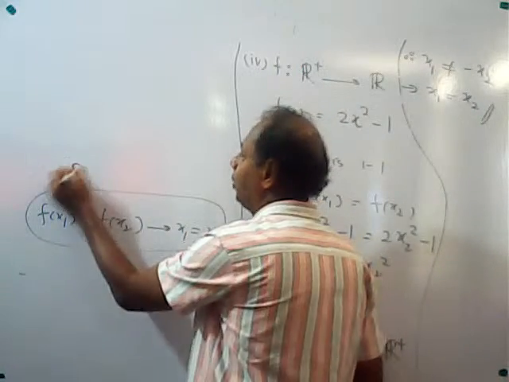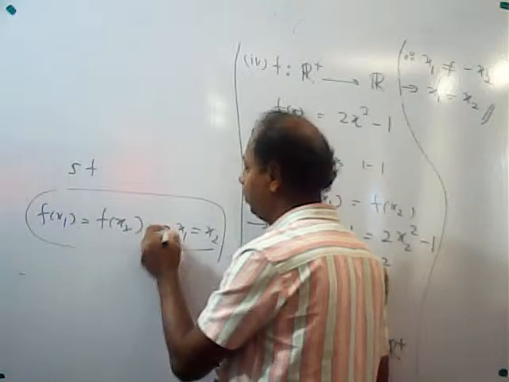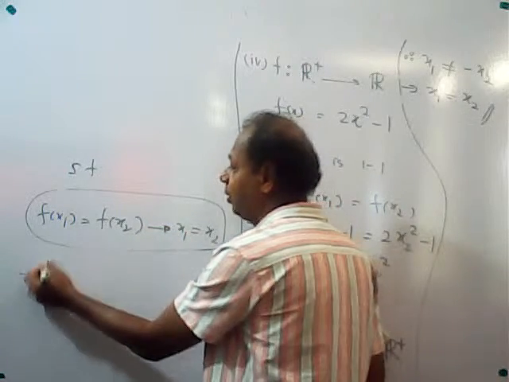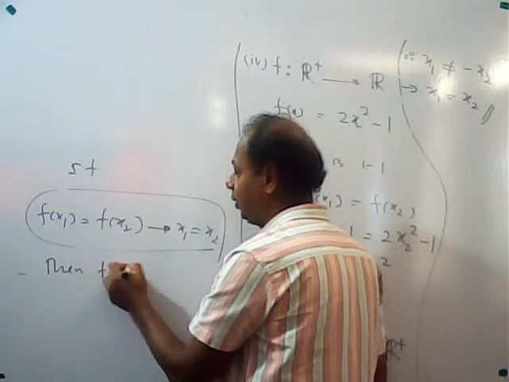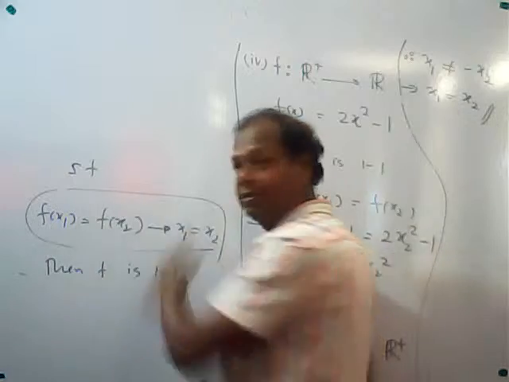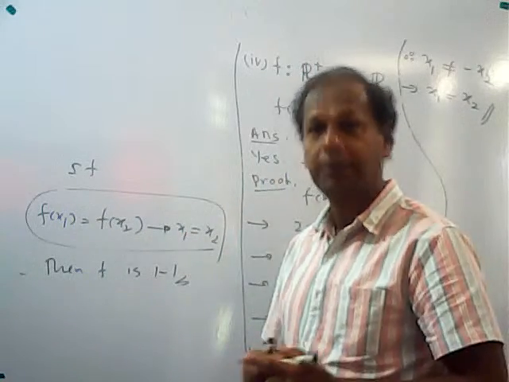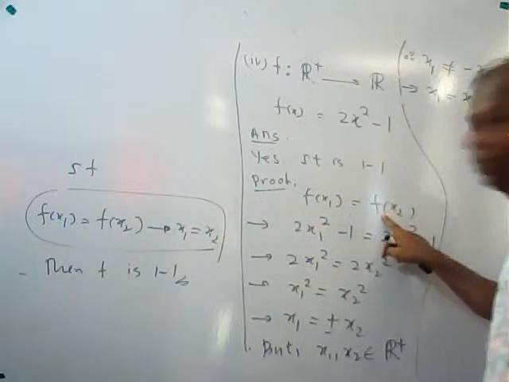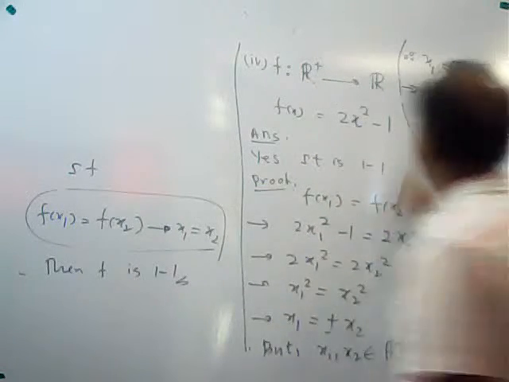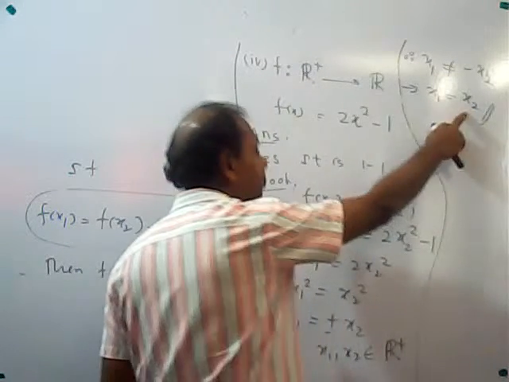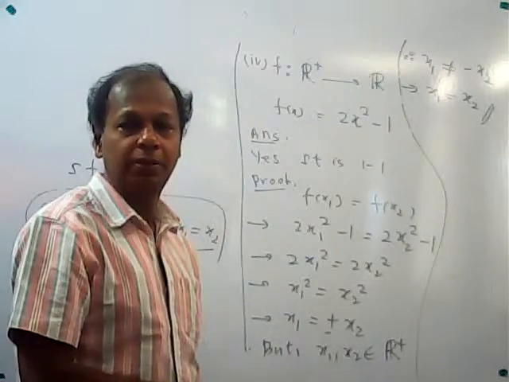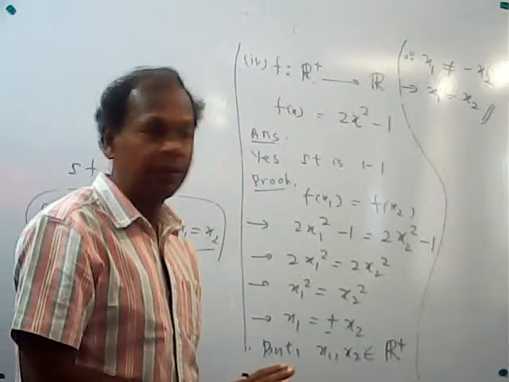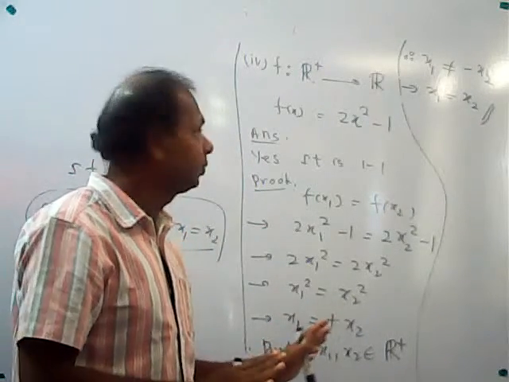If f(x1) equals f(x2) implies x1 equals x2, then f is one-to-one. This is a single statement, right? That's what we have proven in this. So it is one-to-one, right? If you want to show that the function is one-to-one, you will prove this.